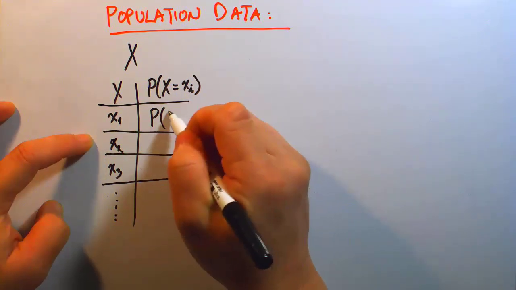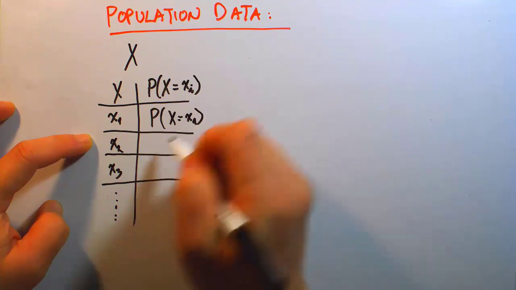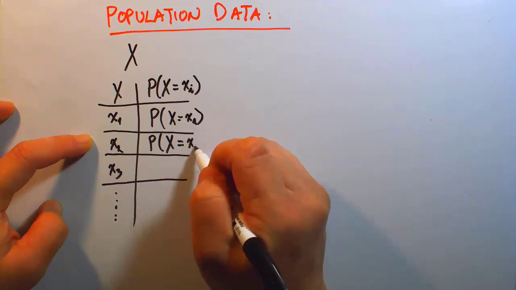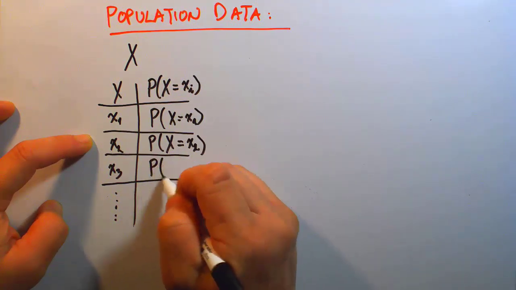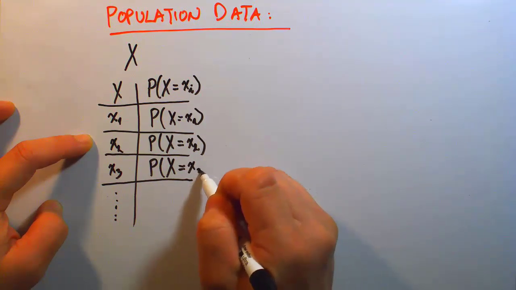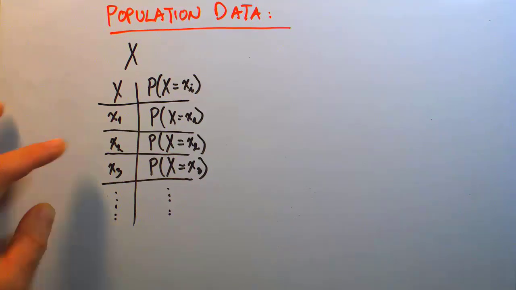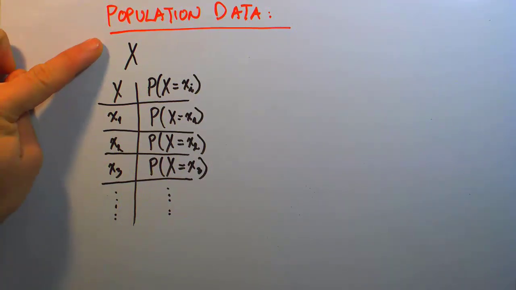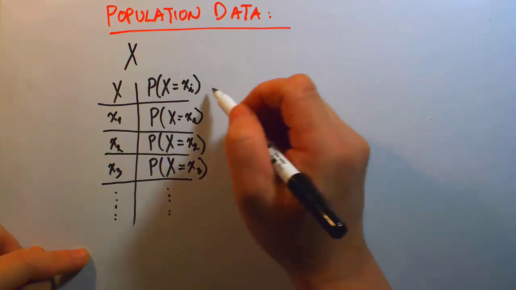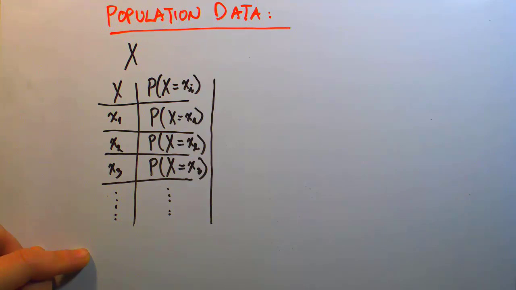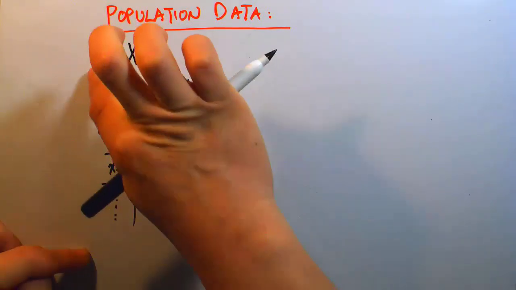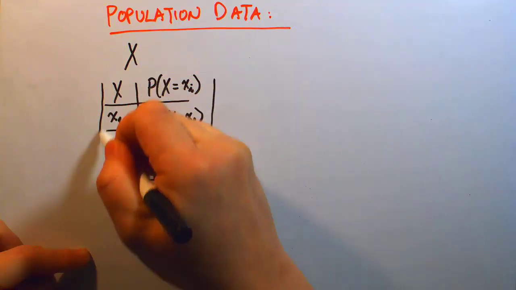So P of X equals x1 is the probability when random variable capital X equals x1 in particular. Then the probability when the random variable equals x3, and so on. Once again, our population data is being represented by a random variable having a probability distribution like this table is indicating, provided that we already verified that the probability distribution here is a valid probability distribution.